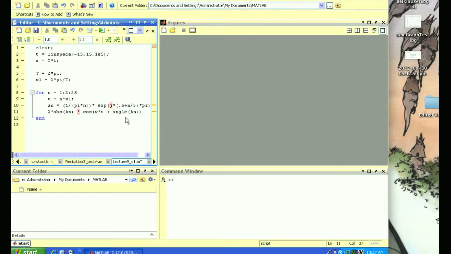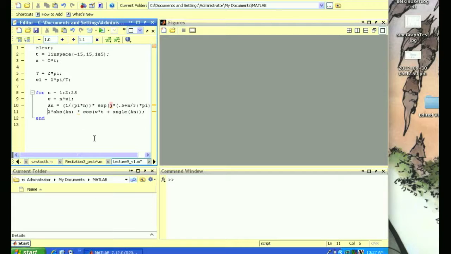So this is literally exactly off the equation, right? We said that the amplitude of my cosine is twice the magnitude of A. ABS is a built-in function that gives me the magnitude of A. There's your cosine. I'm using the right frequency, that's the frequency of the nth harmonic. And then I've got to add a phase angle, which I know is the phase angle of A. And what am I going to do with that cosine?